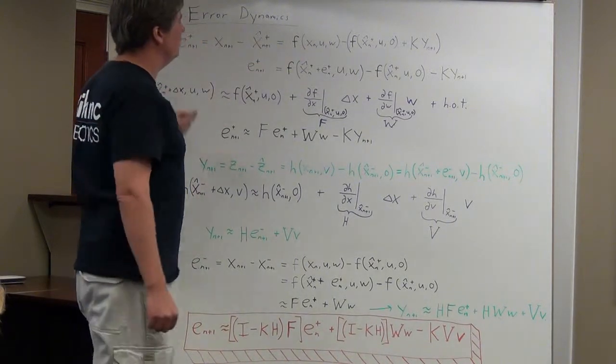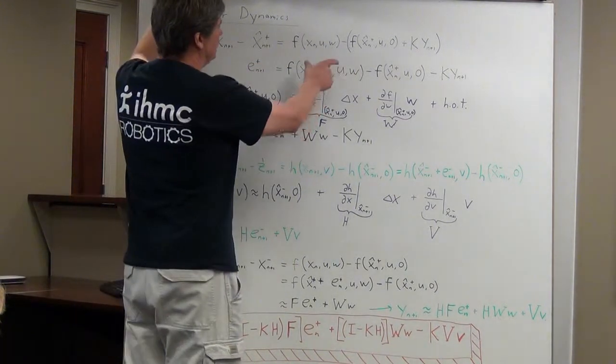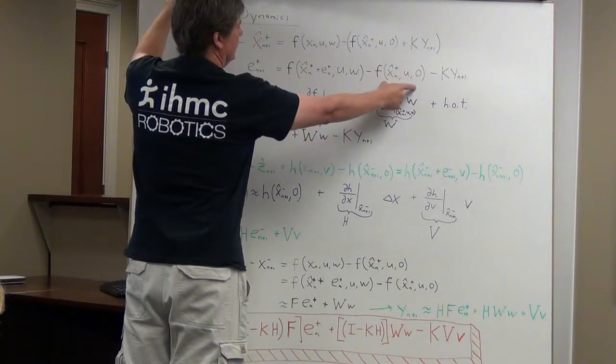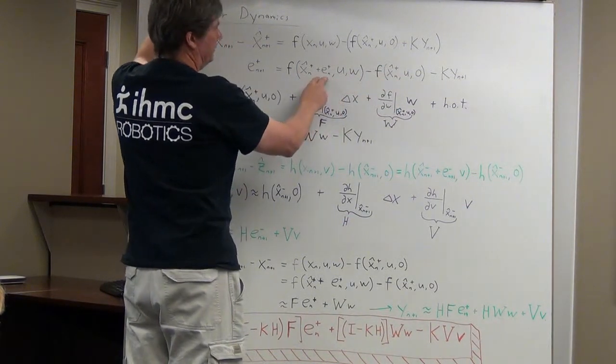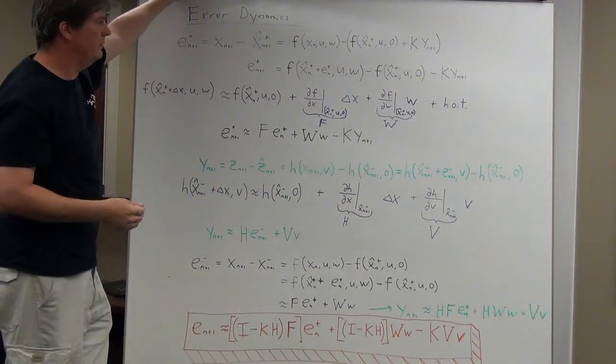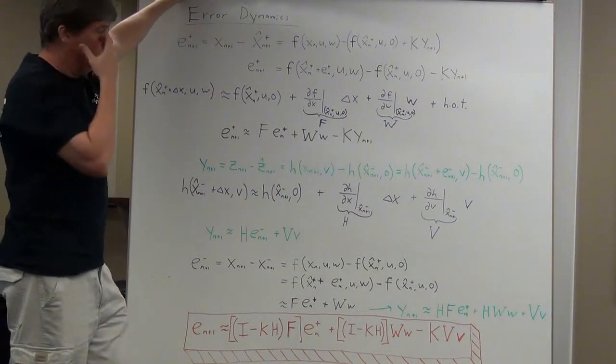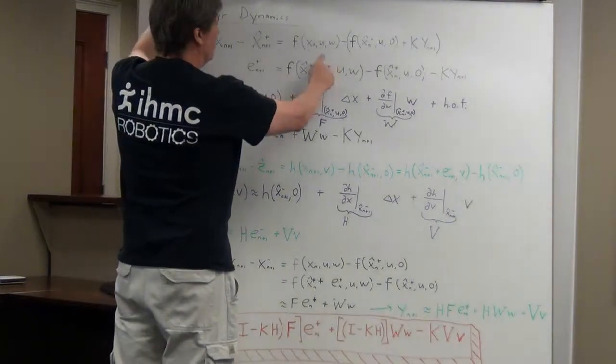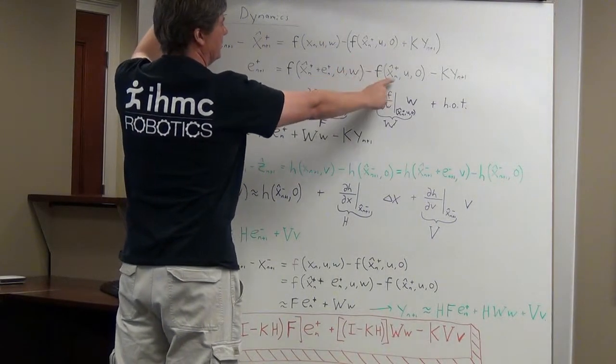Okay, so the trick we're going to do here is make these f's look really similar except for some deltas, so that we can then use the first derivative to approximate what the function is. We know what x hat is, so we keep this.